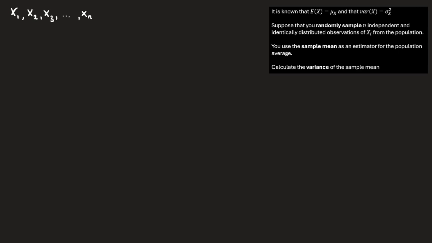Now all of these are themselves random variables. Every time you take a different sample from the population, you get a different realization of x1, a different realization of x2, and so on. So these vary depending on the sample that we observe.